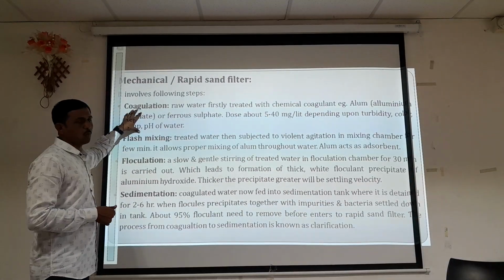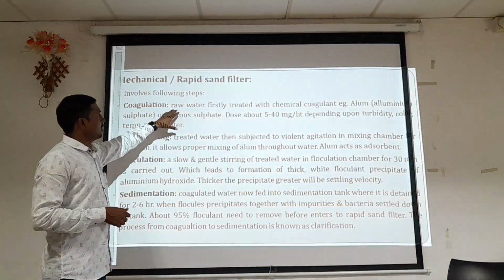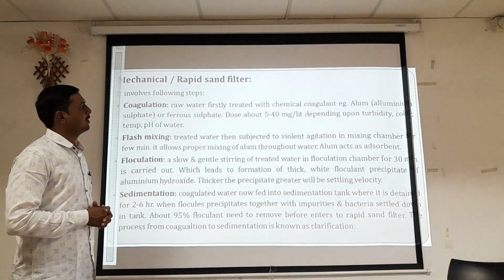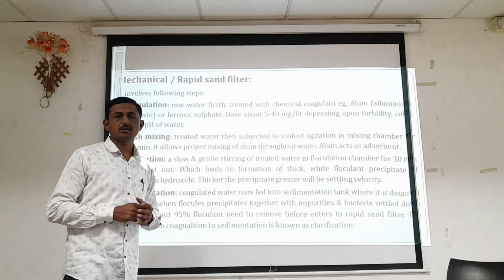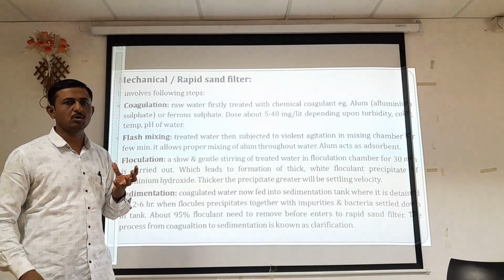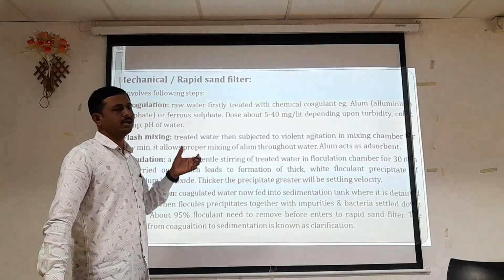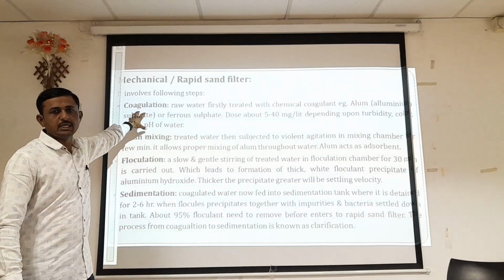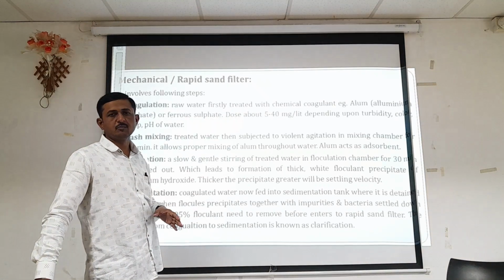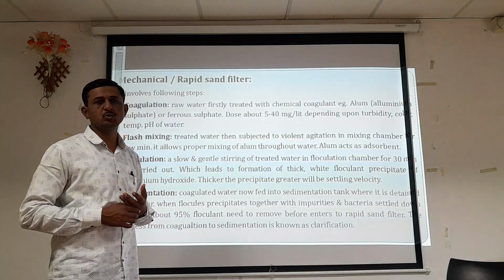The first step is coagulation. Raw water is first treated with a chemical coagulant. Here proper floc formation or coagulation of the suspended particles in the water sample is carried out by using a chemical agent, for example alum, which in Marathi is called turti.